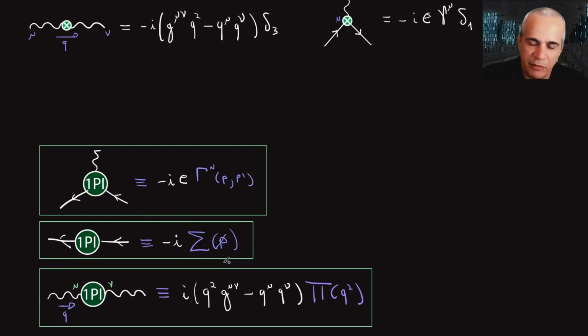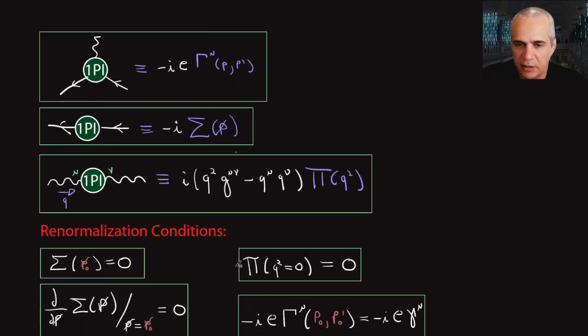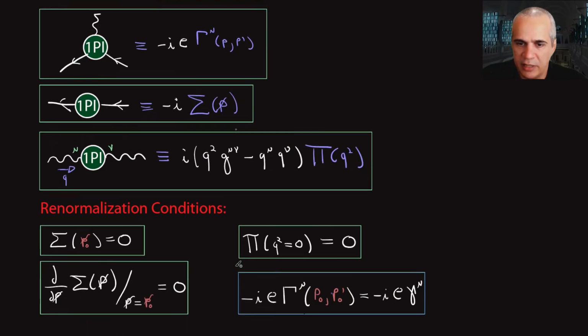So of course I have to impose renormalization conditions here, which are these. And since we counted the divergences before imposing these conditions, this is the opposite of what we did in lambda phi 4, where we were just guessing our way through it. Now we're being more systematic.